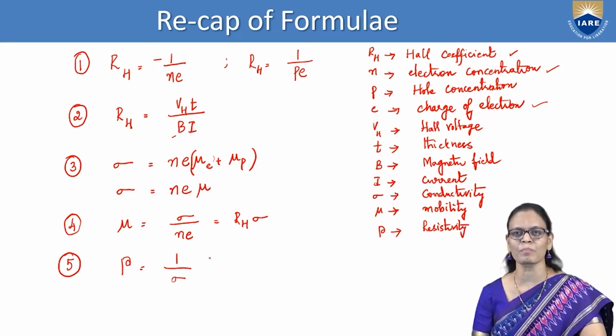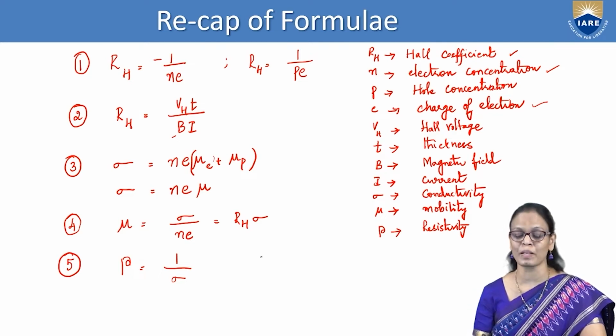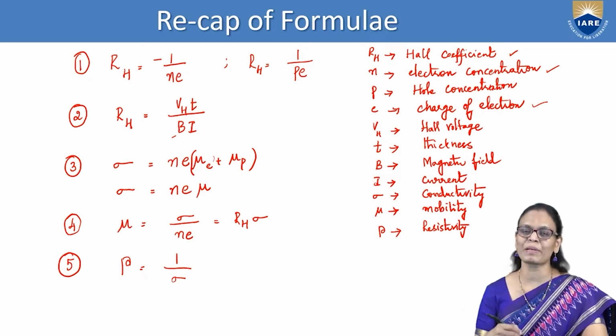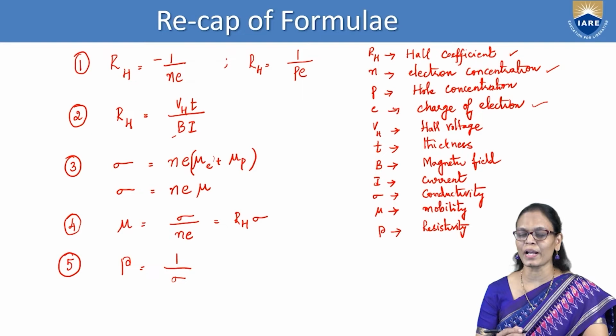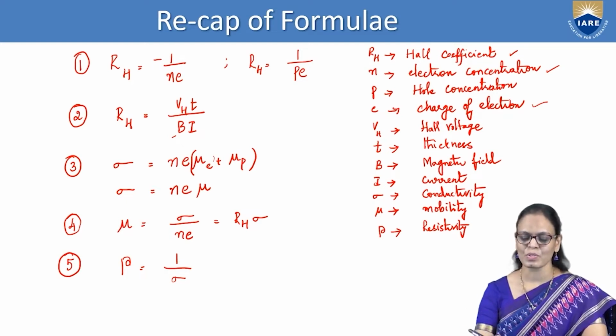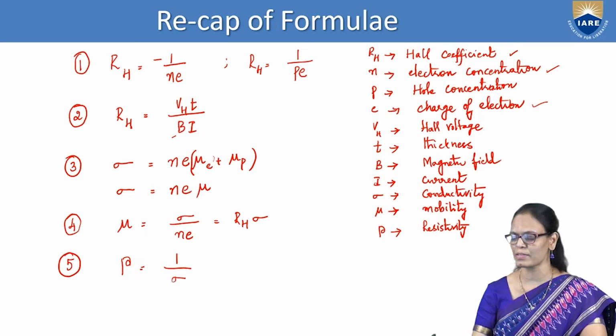They are very simple formulae, and the numericals we are going to do are also very simple. But when you apply the formula and calculate the value, your concept will become very clear. That is why you need to do a number of numericals with different data so that your concept becomes very clear. So I hope with these formulae, we will move forward with doing the numericals.